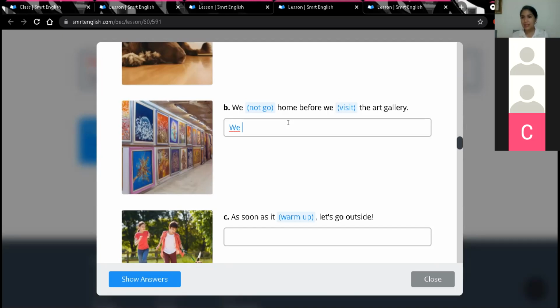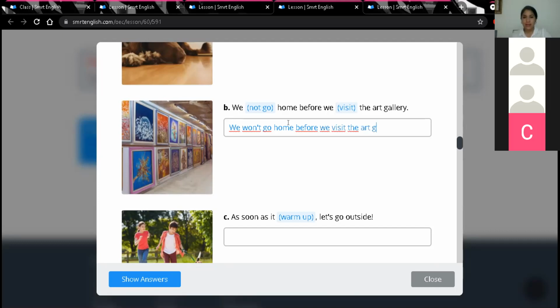But it's exactly the same structure. The time expression goes with the simple present, and then the result goes with the future. So we won't go home before we visit the art gallery.